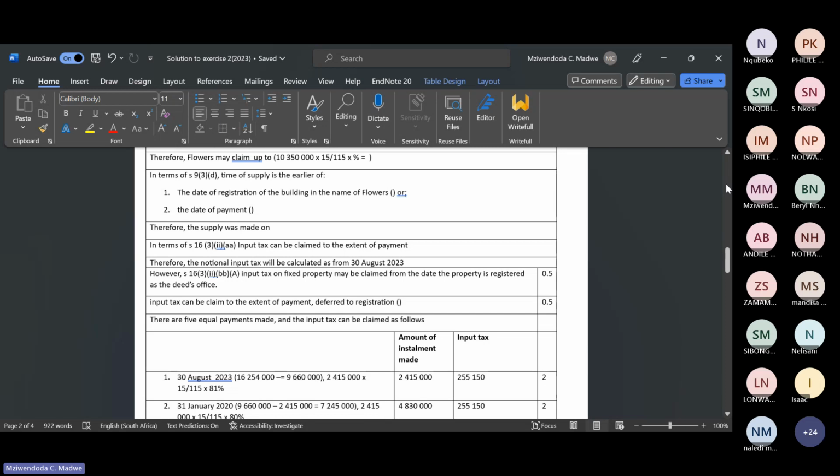Take note that on Thursday we use our time slot, maybe at 12, then we start from 12. We'll see how far we go. I should supply you with a solution now, and then you go and do the calculation on your side. Let us call it a day, unless there is a question.